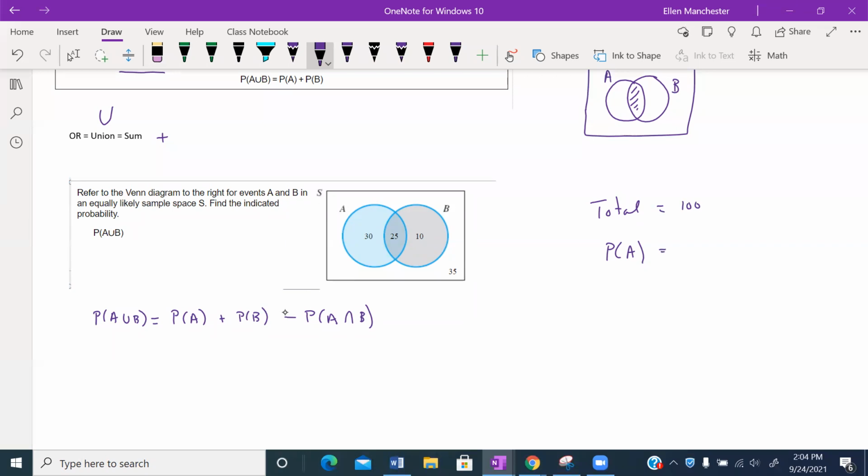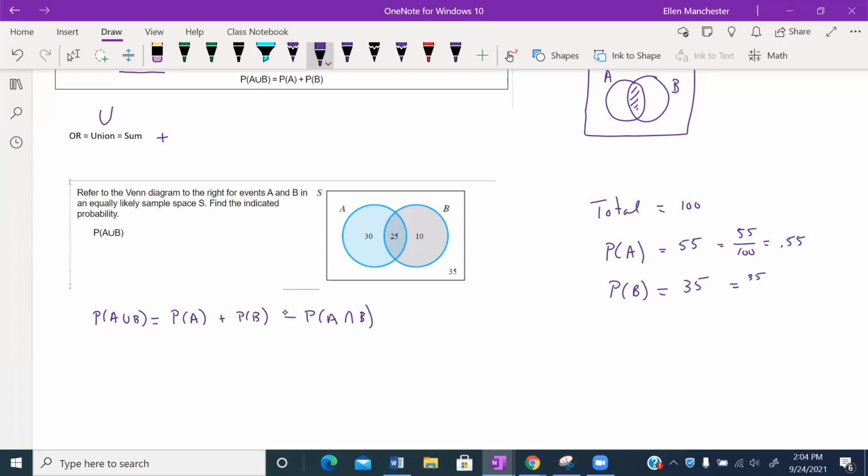outcomes, all right? The probability of getting an A, okay, so it's in the A circle, so that's 55, right? So we have 55 out of 100, which is 0.55. The probability of getting B is everything in the B circle, which is 25 and 10. So there's 35.